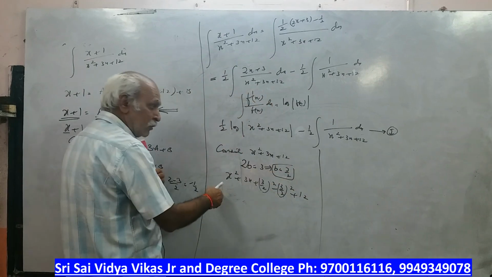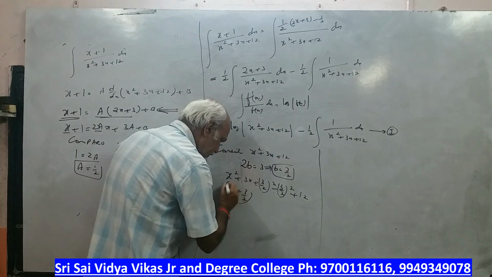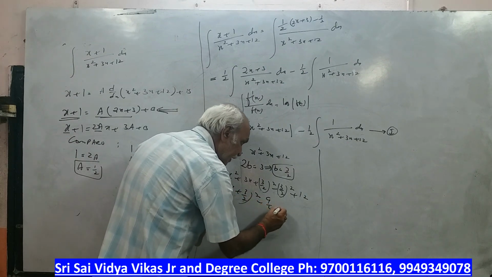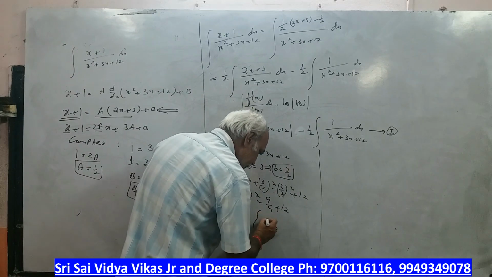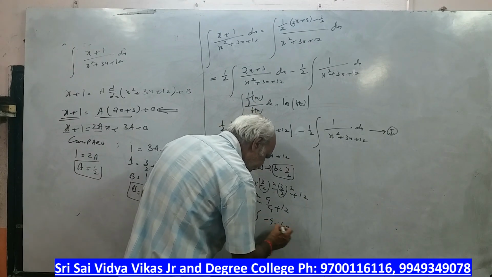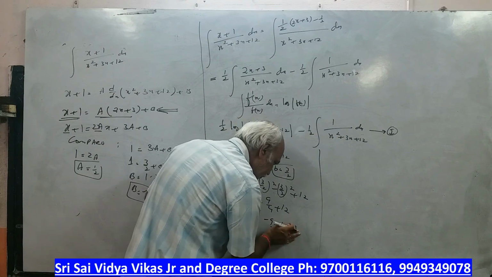Right? So again using the same method, that's what I said: x plus 3 by 2 whole square minus 9 by 4 plus 12. Again, in the bracket, minus 9 plus 48 by 4. So this is 39 by 4.